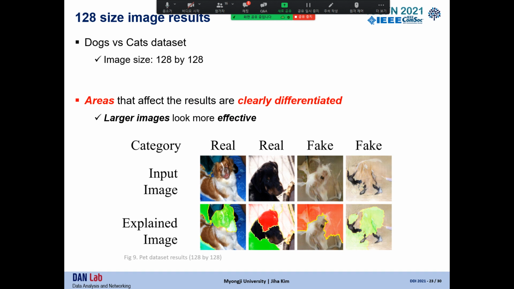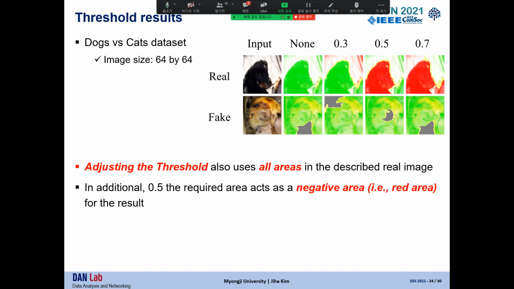And this figure is the result of the 128 size image. The parts are more clearly divided in the results than in the previous two image sizes. Therefore, we can see that the image for xAI itself needs to be somewhat larger to work well. We can see that the more we adjust the threshold, the more the explained area changes.